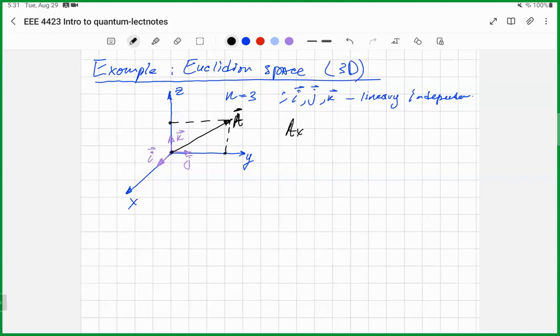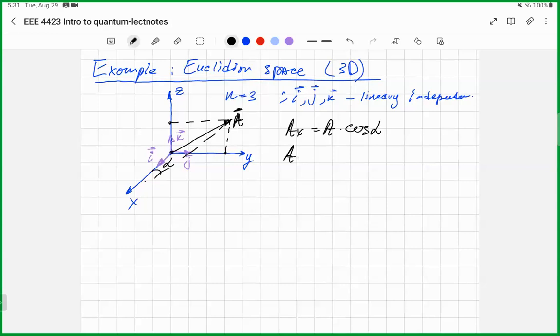For example, the x component is given by the absolute value of the vector itself times the cosine of the angle alpha. Alpha is the angle between the x axis and the vector itself.